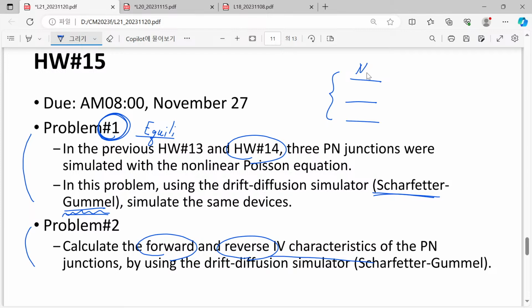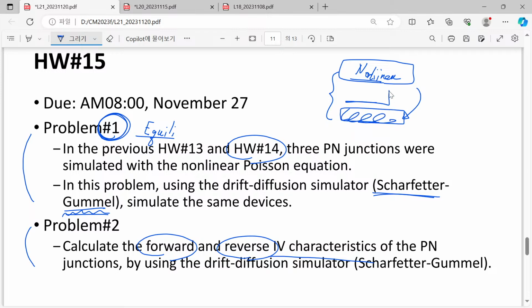For example, your definite reference would be the nonlinear Poisson equation that will give you the exact solution. So whenever your implementation shows some deviation from the nonlinear Poisson equation solution, then something is wrong in your implementation.